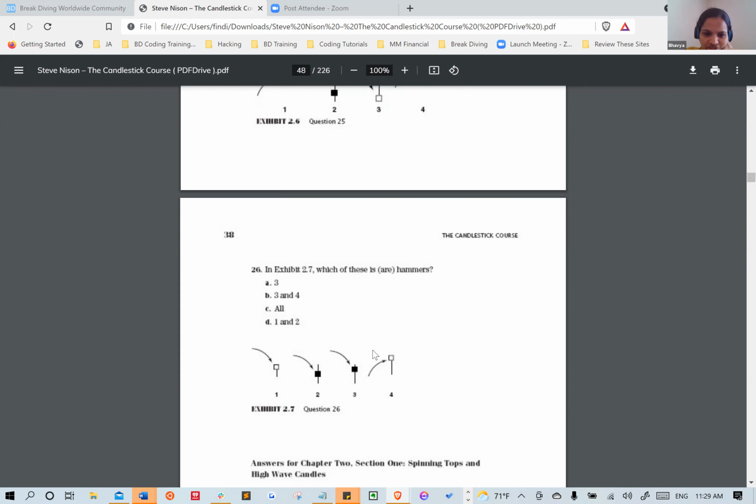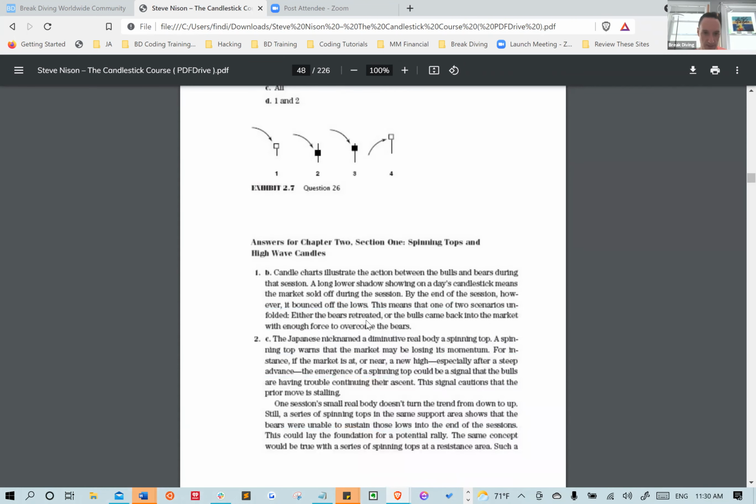It has a long lower shadow, but it doesn't have a long lower shadow on 1. I thought it was going to be 1 and 3, but there is no 1 and 3. How can it not be 1 and 3? 1 doesn't count because it doesn't have a long shadow. The lower shadow height should be at least 2 times the body. So 2 times. Okay, so let's take a look. Yay, we did it.